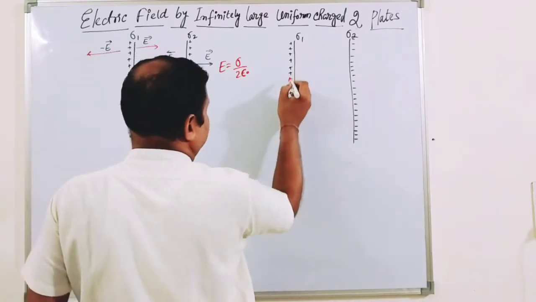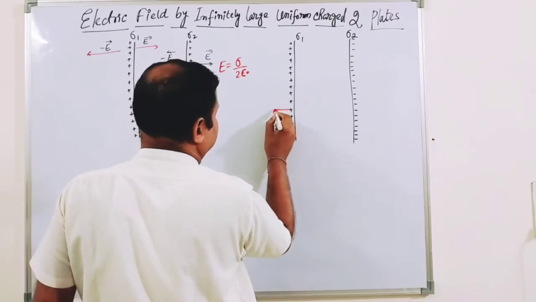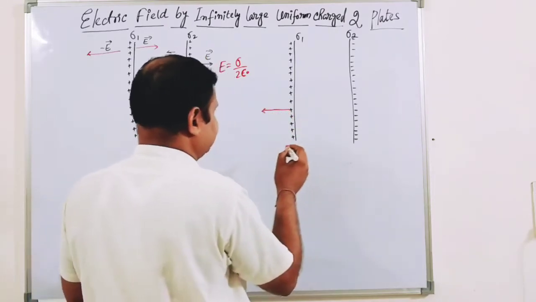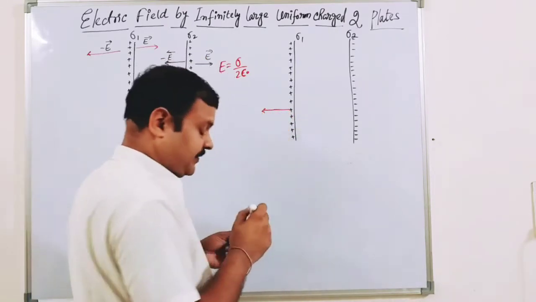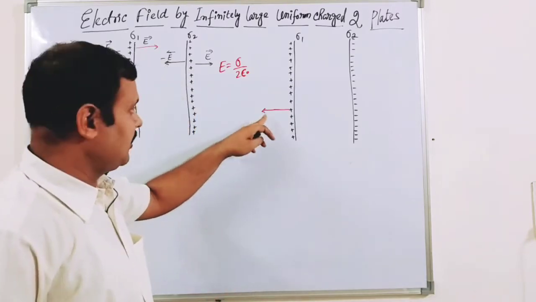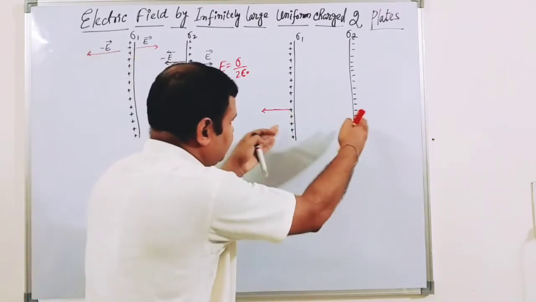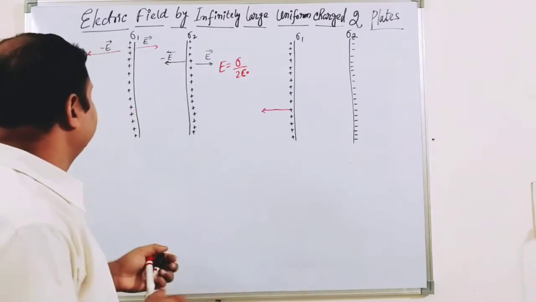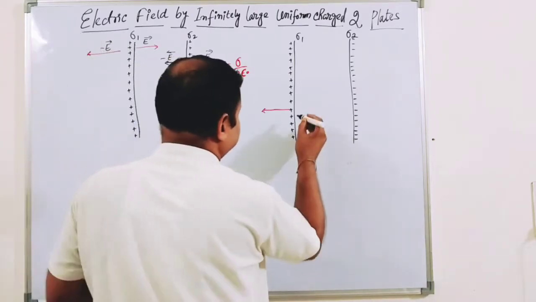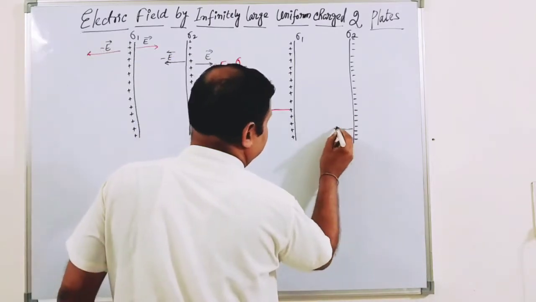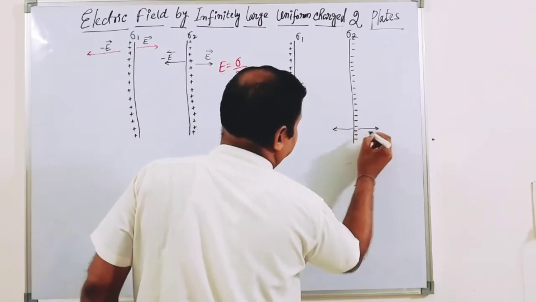Similarly here, for this plate, if you consider this as positive, the field is not outwards now, because this is attracting. So this is this side and this is this side.